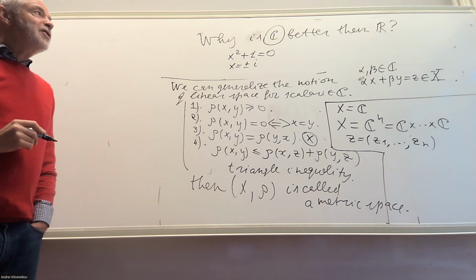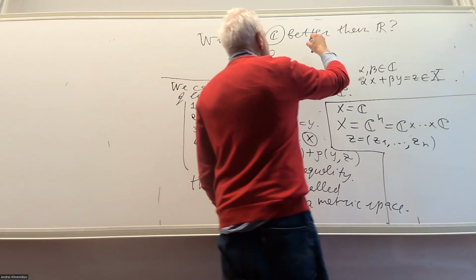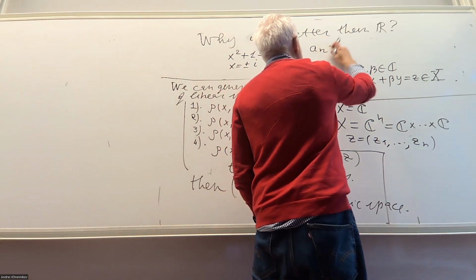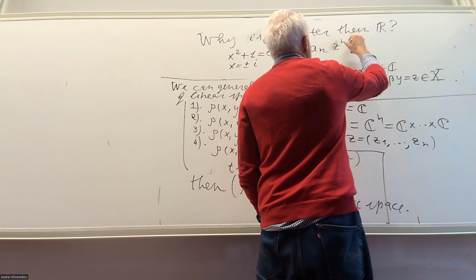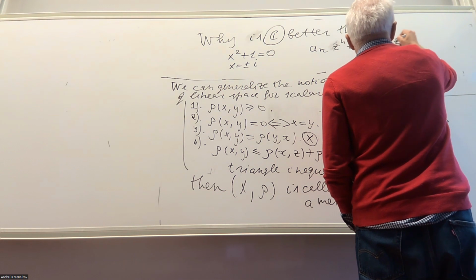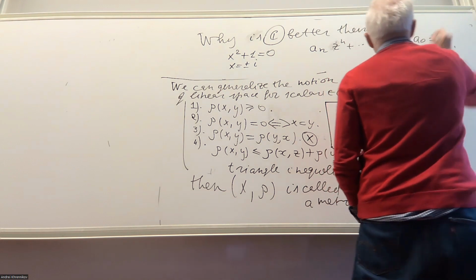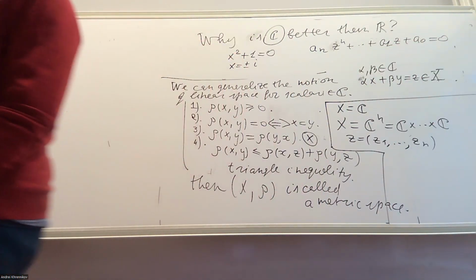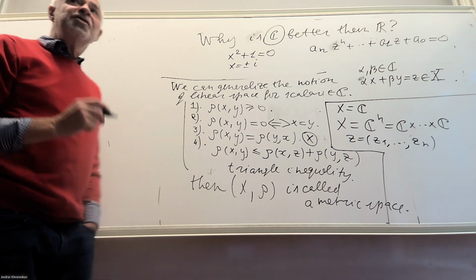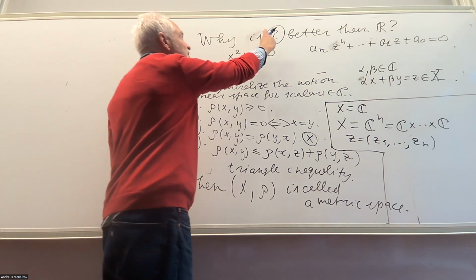And we can prove this theorem, called the fundamental theorem of algebra, that any polynomial equation a_n z^n plus ... plus a1 z plus a0 equal to 0 has n roots in the field of complex numbers. This is in some way an amazing result, because how did we construct this?